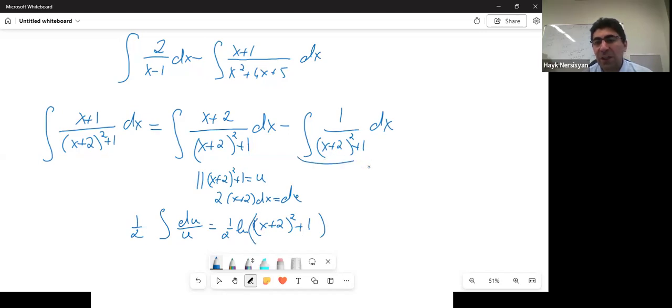And the second integral we can calculate by, again, maybe doing x plus 2 equals to u substitution. If we do x plus 2 equals to u substitution, it will be immediately transformed into 1 over u squared plus 1 du, which is arc tangent.